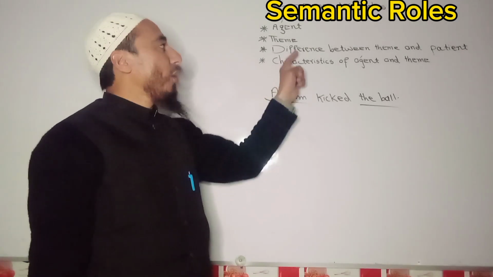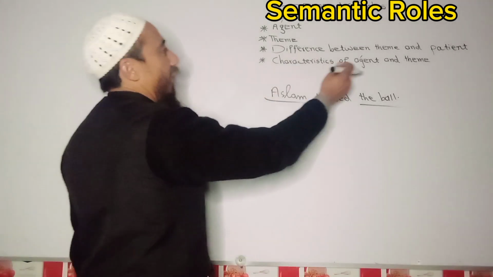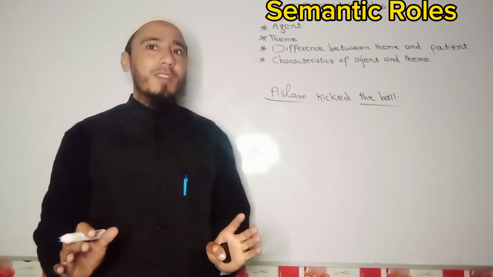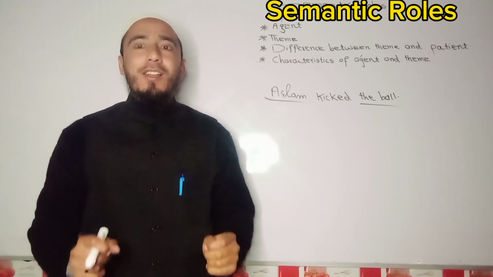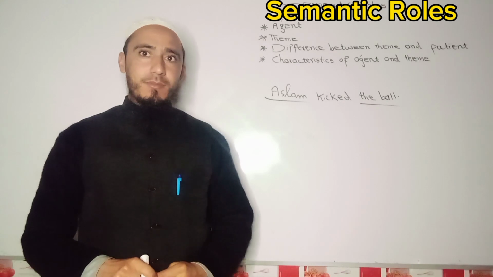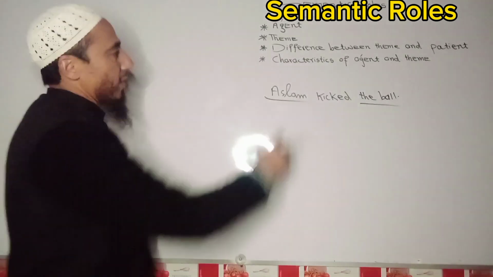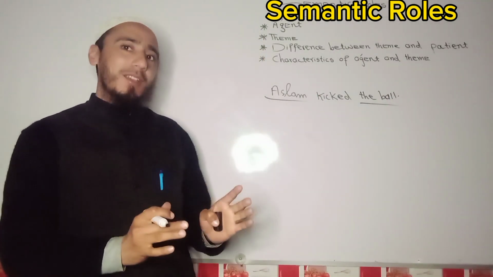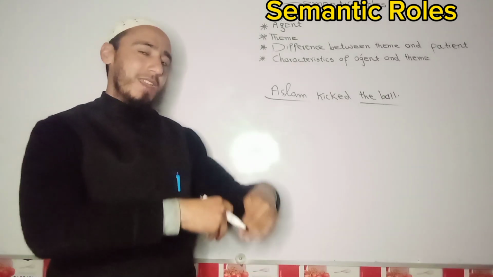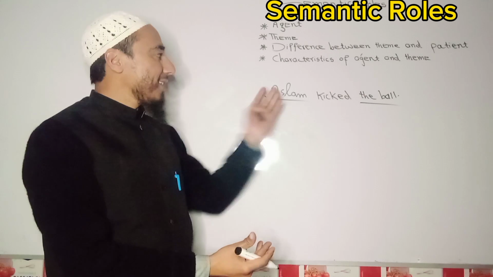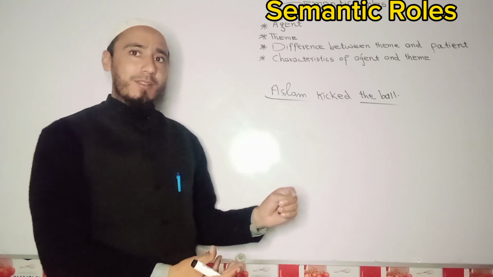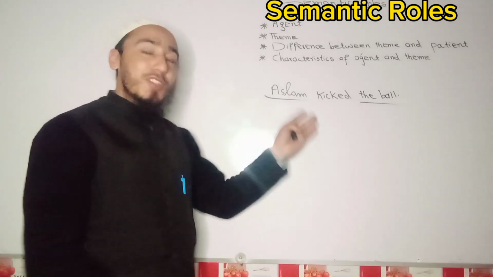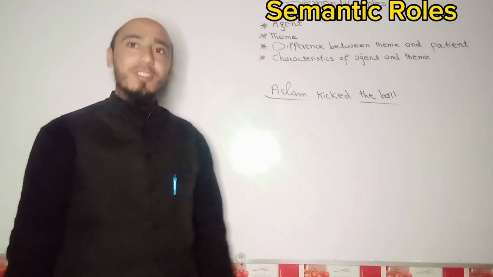Okay. Now, the question arises: what is the main difference between the theme and patient? Because sometimes we say that theme is also called patient. However, there is a slight difference between them. The main difference between theme and patient is that theme refers to an entity which moves by the action of the verb, or an entity which is moved by the action performed by an agent.